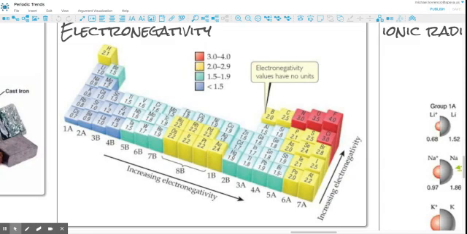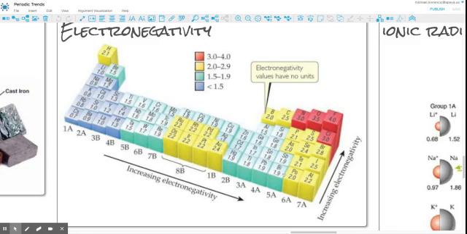The electronegativity becomes lower, because even though the nucleus is bigger, there are so many electrons that the nucleus has to hold on to, and they're so far out that the attraction those nuclei have for those very outer electrons is very weak.